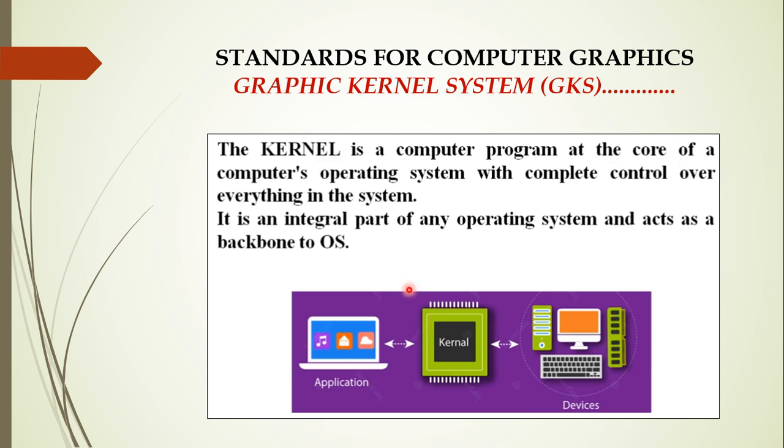Then that intermediate person is known as the kernel. The same thing is applicable for computers also. It is utilized in order to standardize, or to transfer data or image from one particular form to another particular form. So that is the purpose of kernel.